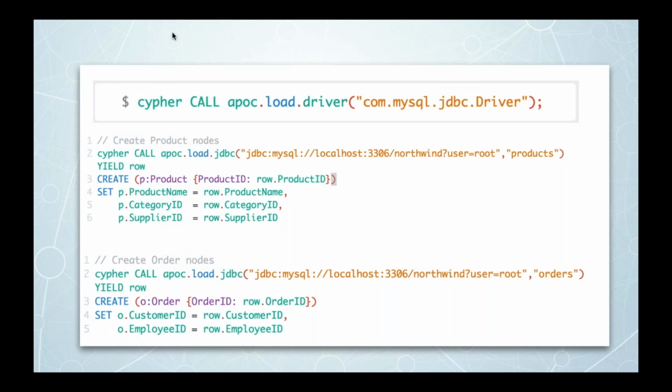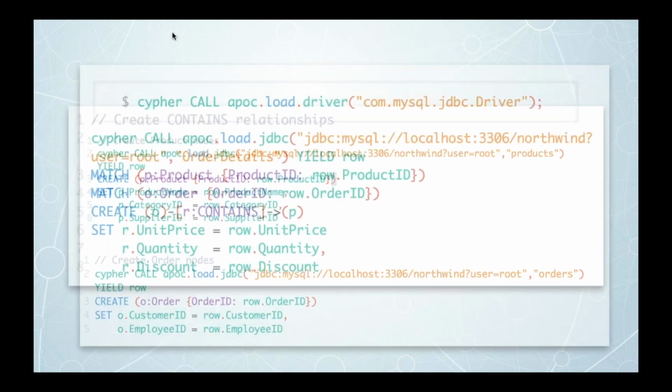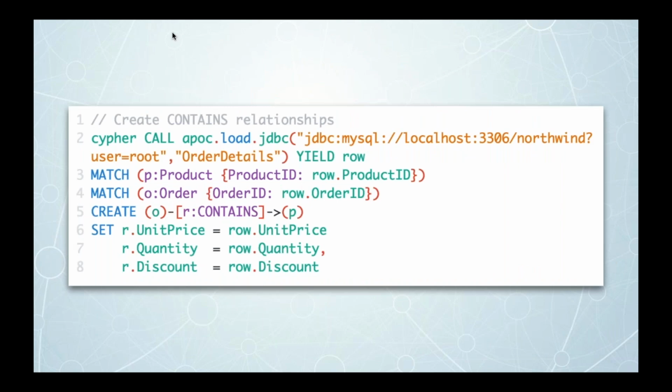So here's a quick example. In this case, I'm loading the MySQL JDBC driver, and then I'm calling over from Neo4j. I'm writing this Cypher statement that calls from Neo4j over to my MySQL database and gets the data from my MySQL database, and then creates the nodes and then creates the relationships directly using JDBC.